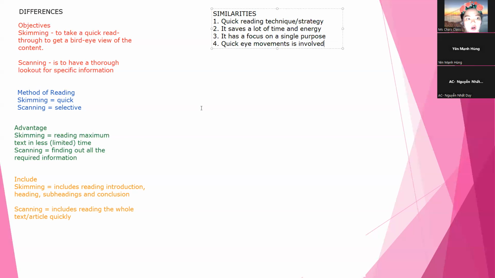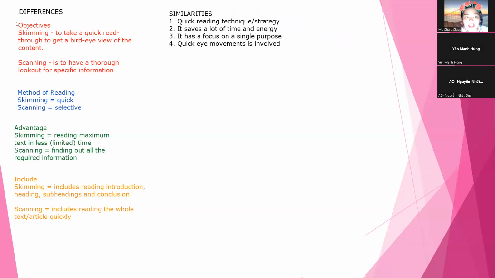So when we talk about skimming and scanning, when we talk about differences, there are one, two, three, four differences, meaning the opposite, to make a thorough discussion between the two. And they also have four similarities. What makes them the same?